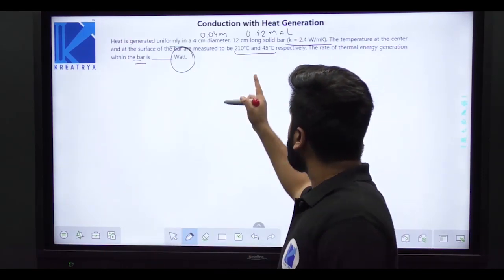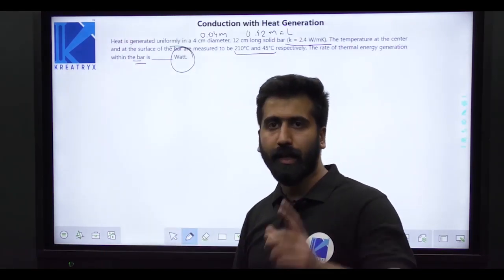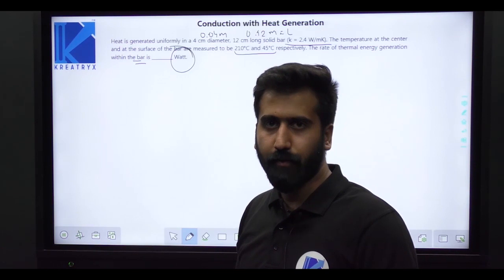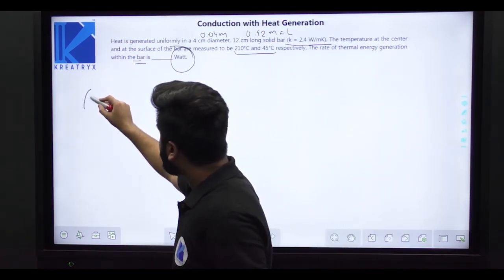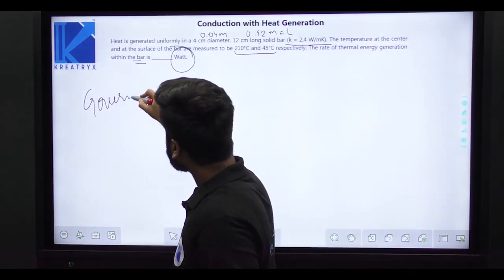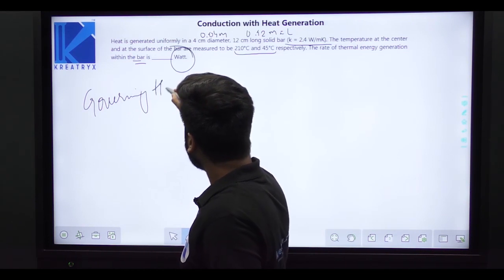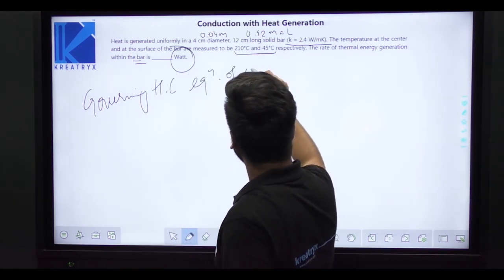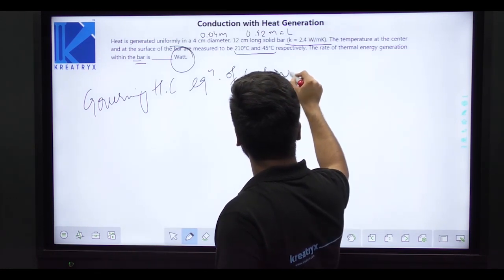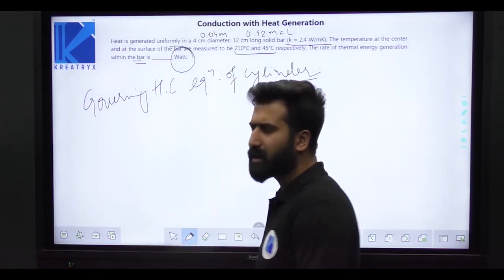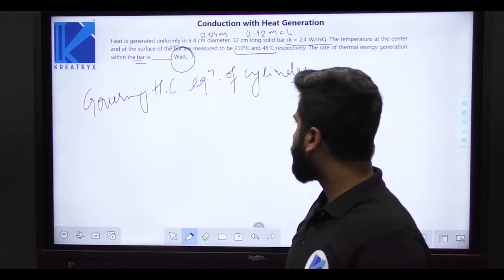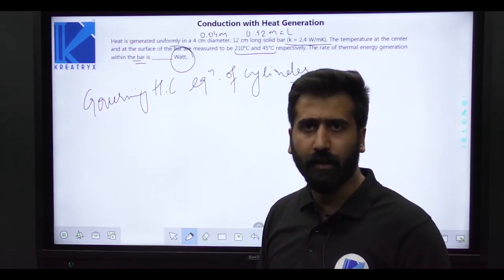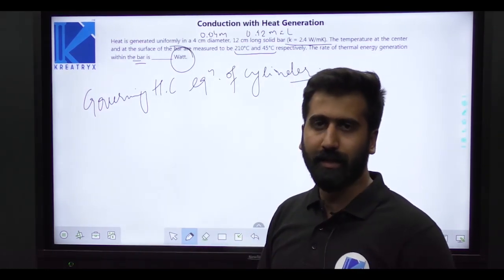I have actually derived this formula in the second video. By using the governing heat conduction equation of a cylinder, you can derive the formula which we have used in the previous video, where I derived it for a sphere. The boundary conditions are the same.